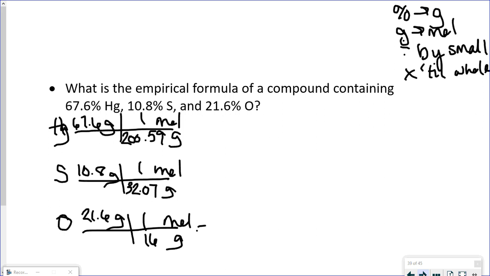So we can go ahead and solve for moles of all three substances. For mercury, 67.6 divided by 200.59. And remember, don't round off too early. Keep several decimal places. So that's 0.337 moles.